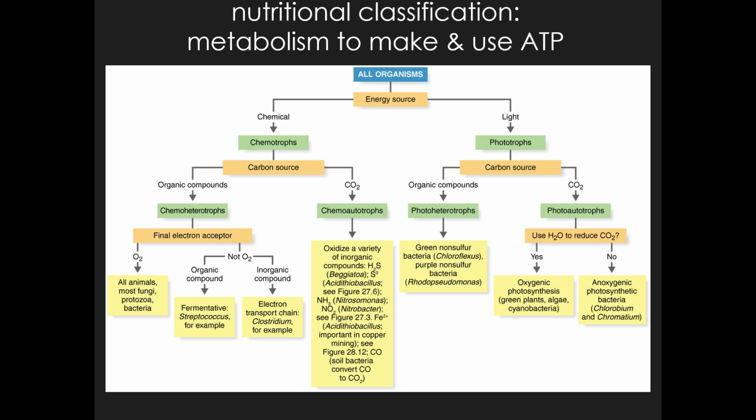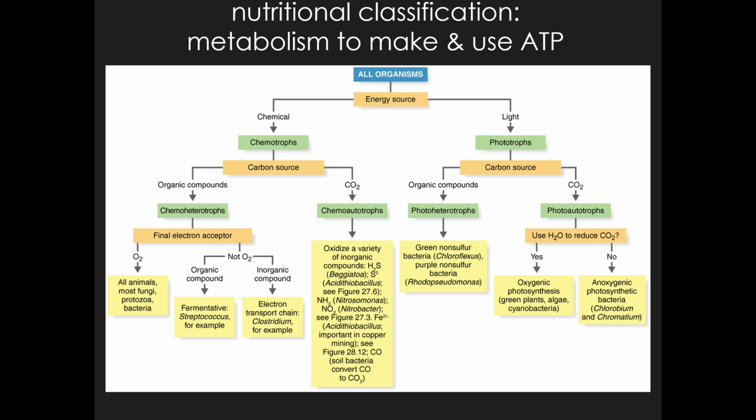And you say it's inorganic carbon, and we say, okay, you're a chemoautotroph. There are tons and tons and tons of different ways that microorganisms can grow chemoautotrophically. They're all microorganisms, right? So where's the metabolic diversity? In the microorganisms, right?